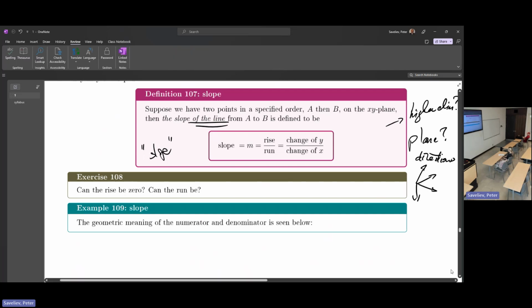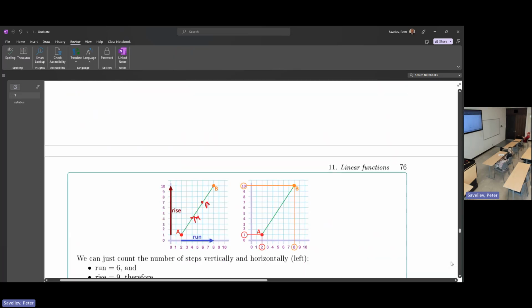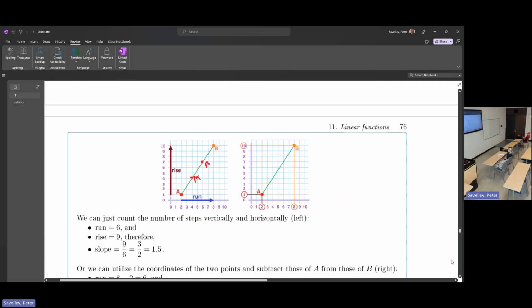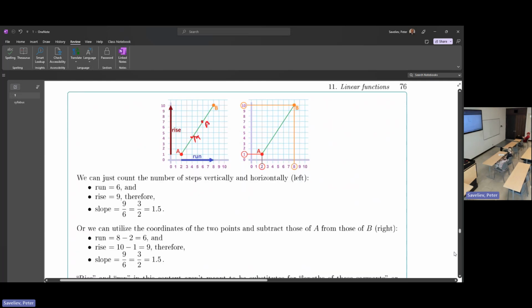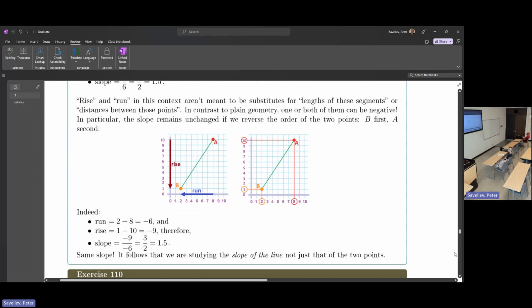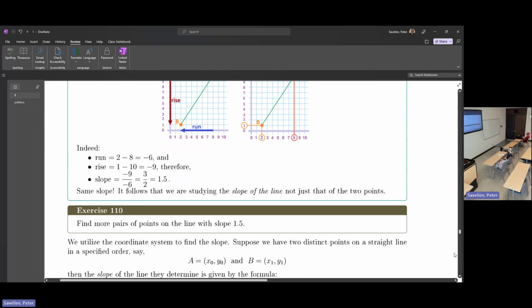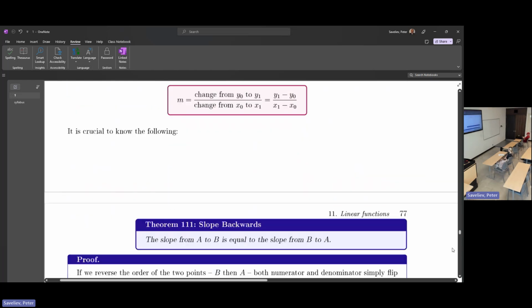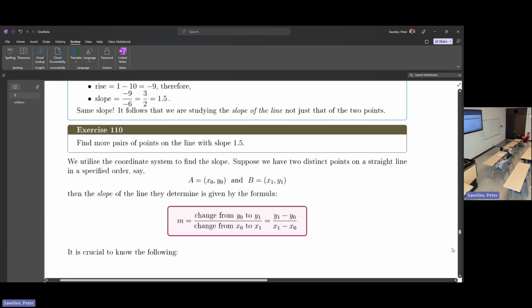Okay, so once again, you're reviewing this business. This is how it's computed. Any 2 points picked, so you can test yourself. Any 2 points on the straight line can be picked, and the computation of the slope works out exactly the same, producing the same slope, which is in contrast to the quadratic.